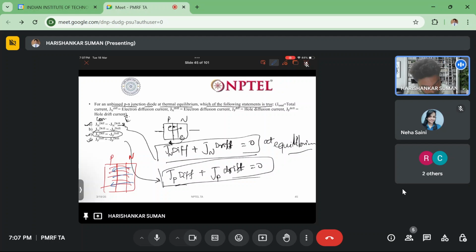But what happens? Let's say initially P is neutral, but one hole moves to the n-type. Then what will happen?